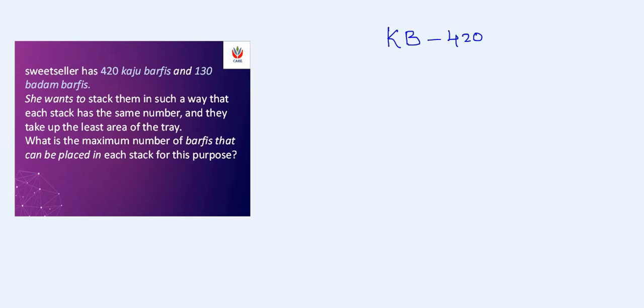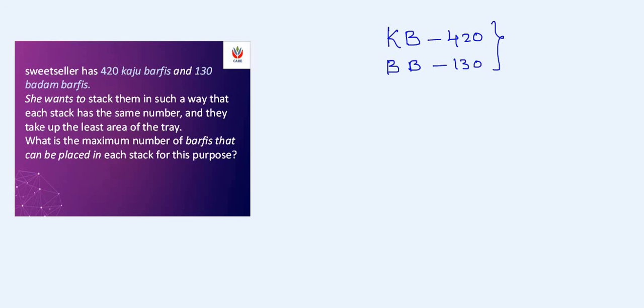And badam burfis, it is 130. She wants to stack them, keeping them in trays in such a way that each tray has the same number and they take up the least area of the tray.